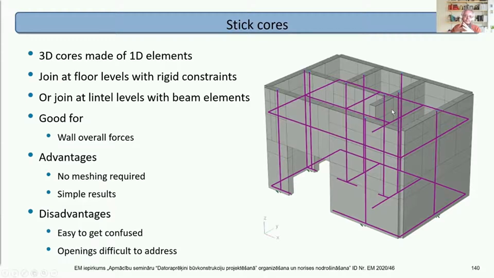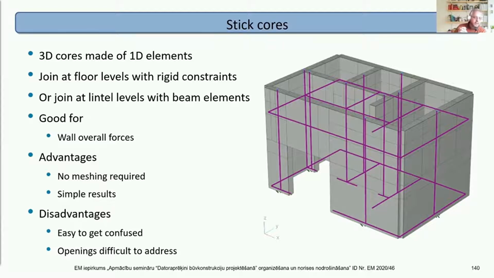Anyway, this is a good approach for getting overall forces on each wall section. So on each wall section, you will get an axial load, a shear force, and a bending moment on each stick.